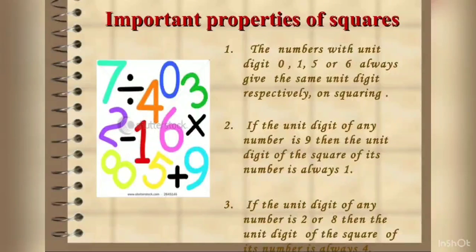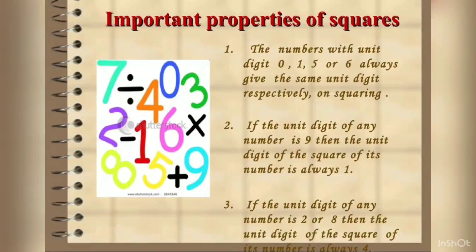Now let us talk about some important properties of squares. Property 1: the numbers with unit digit 0, 1, 5 or 6 always give the same unit digit respectively on squaring, because 0 times 0 is 0, 1 times 1 is 1, 5 times 5 is 25, again we get 5, 6 times 6 is 36 and we get 6 again.